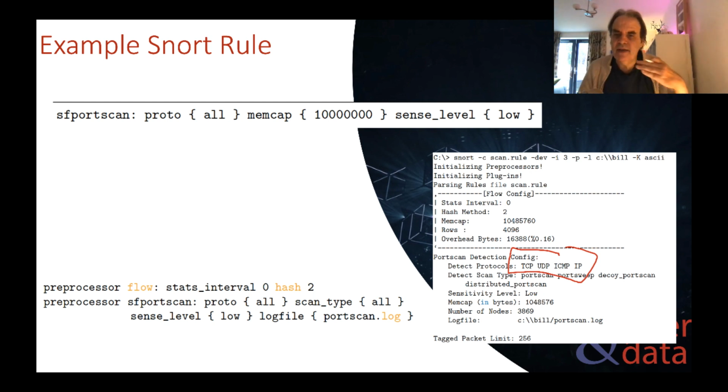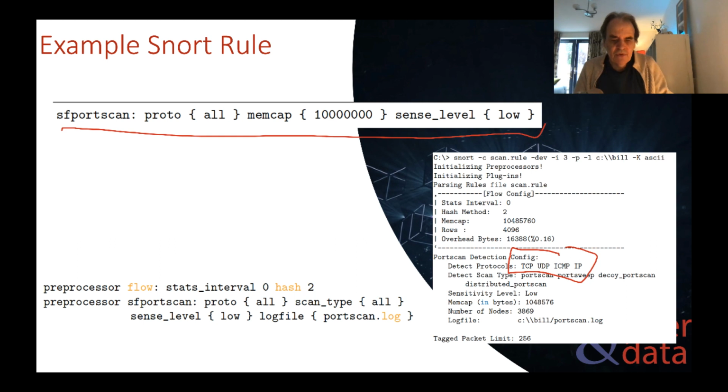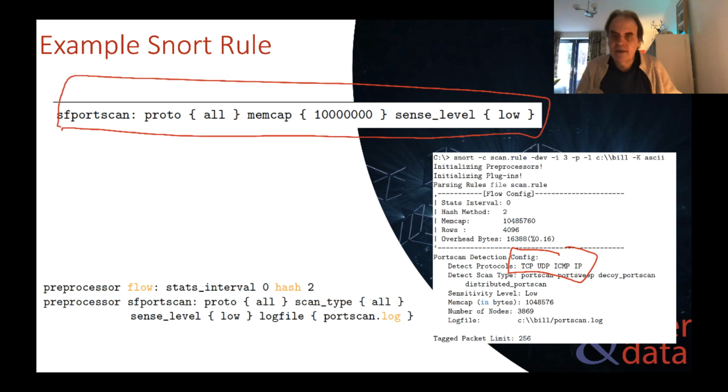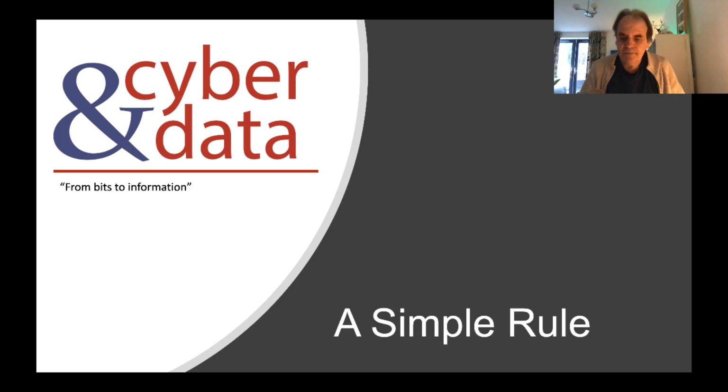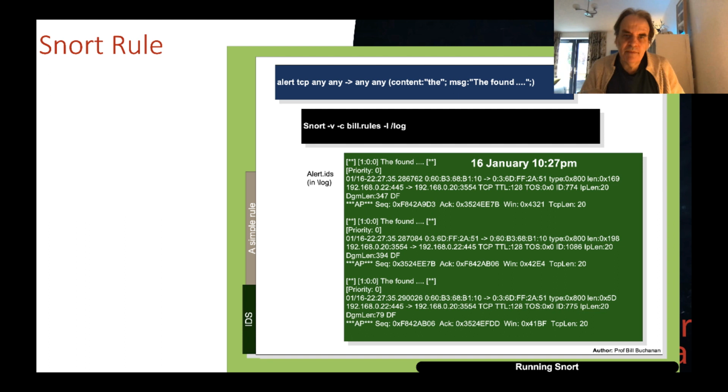It will be able to detect TCP, UDP, ICMP, or IP scans. So we can add these rules in, and then it will be able to detect a standard sign of scanning. Let's look at a simple rule that would be implemented.